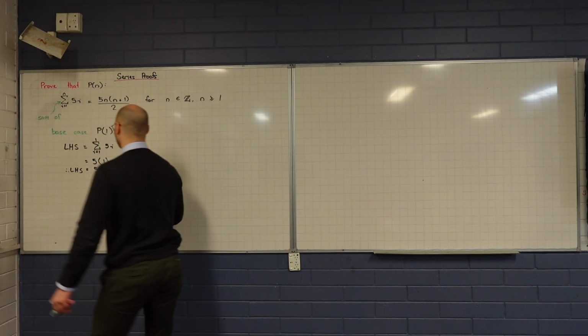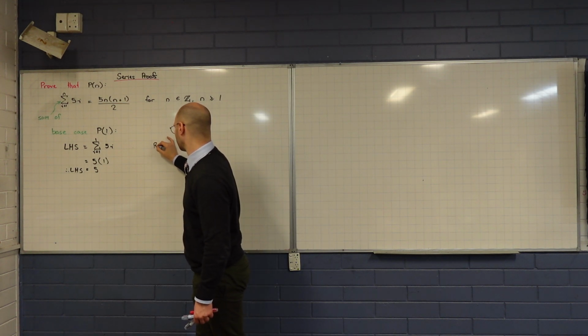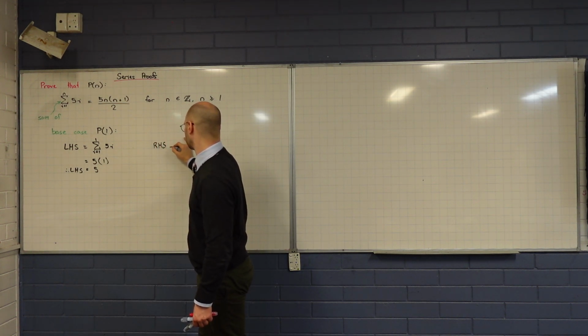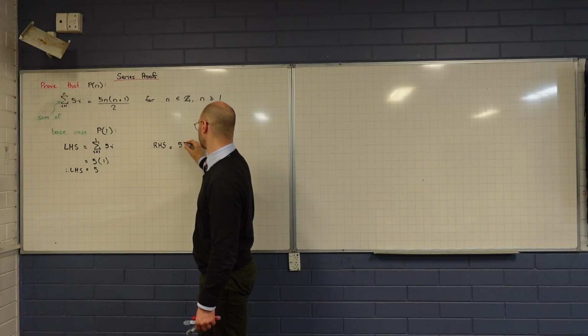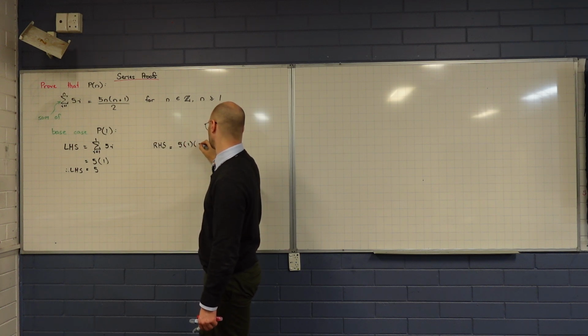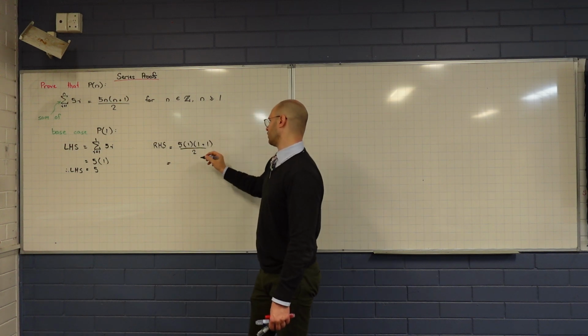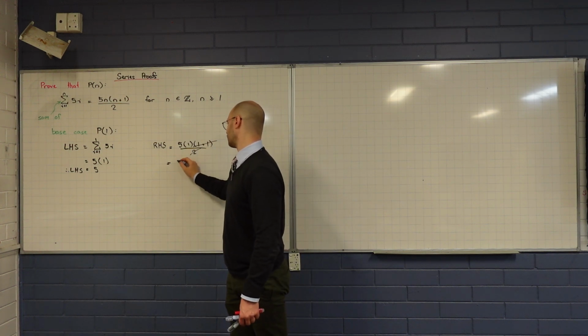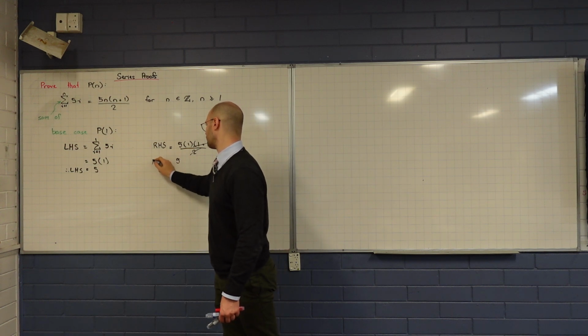For the right-hand side, it's going to be 5 times 1 times 1 plus 1 all over 2. The 2 and the 2 cancel, so it's just 5.